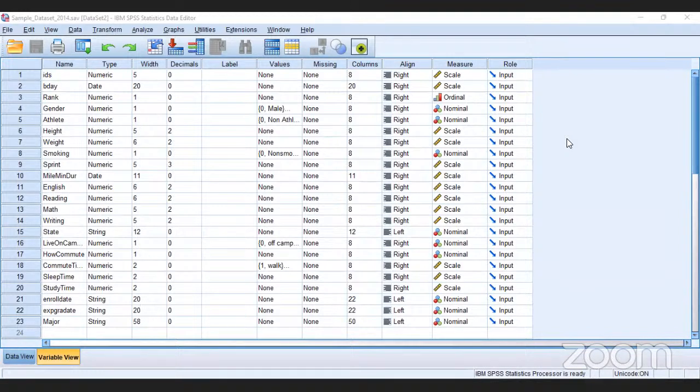When we started with chi-square, the data was categorical. From chi-square, we went to the one sample t-test, where we were dealing with a single variable. And there, the data was continuous, but we had just a single variable.